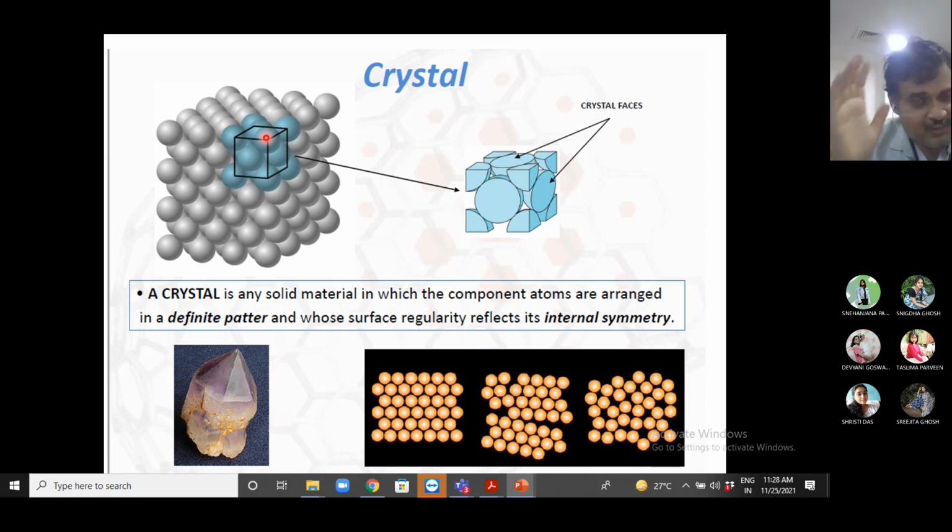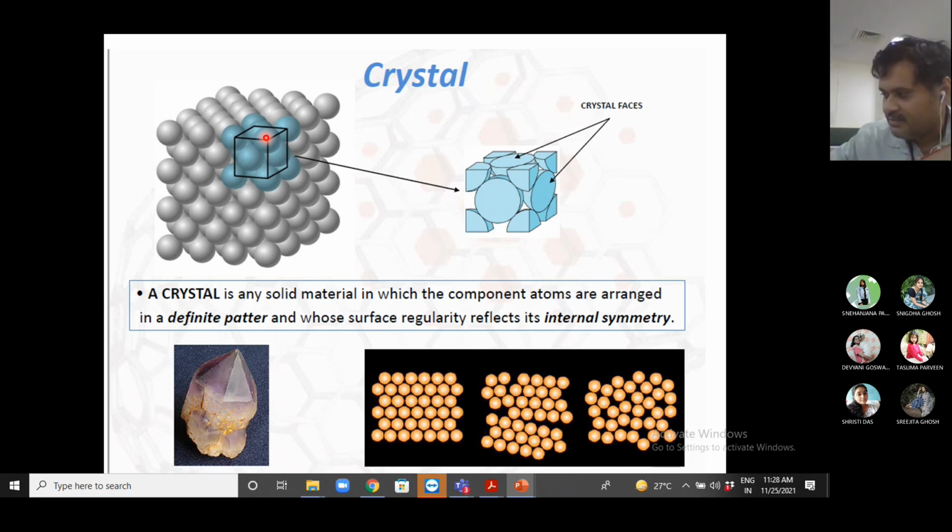Get my point? This is just like a stamp. You know a stamp? It is a 3 dimensional stamp for the crystal. Suppose the crystal is very big, and suppose this is the crystal and this is the unit cell of this crystal.